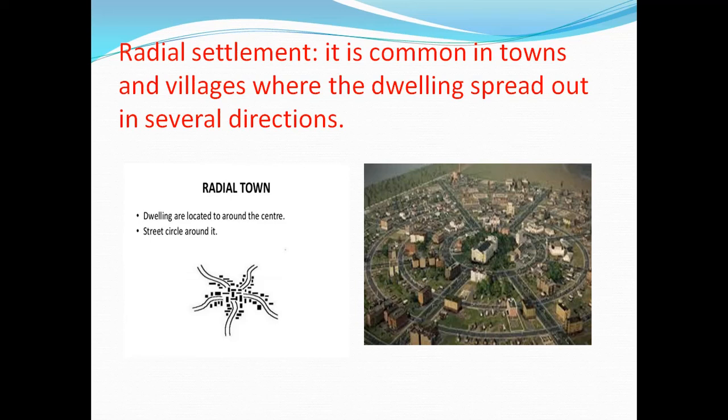After settlement, from the topo sheet, we can get an idea of what type of means of livelihood can be found. Suppose there are cultivable lands, then agriculture; gardening; if any orchards are there, then orchard farming or plantation.